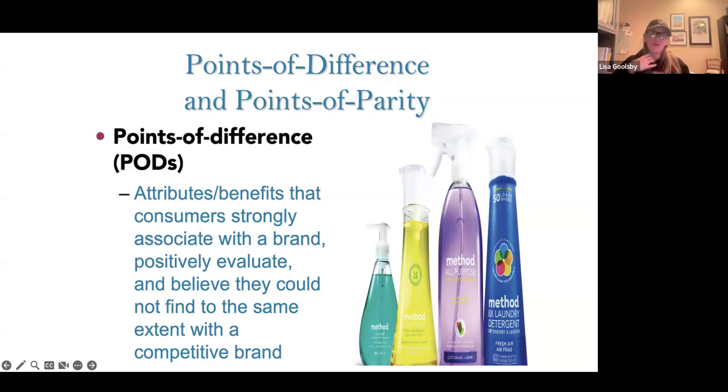You're going to see that show up again in Unit 5, where you take the attributes or the features of the product and you look at what is the benefit to me, the consumer? A lot of people took the attributes or the features and created a benefit to the company. But you want to identify what's the benefit to the customer. Why should the customer buy this product or service?